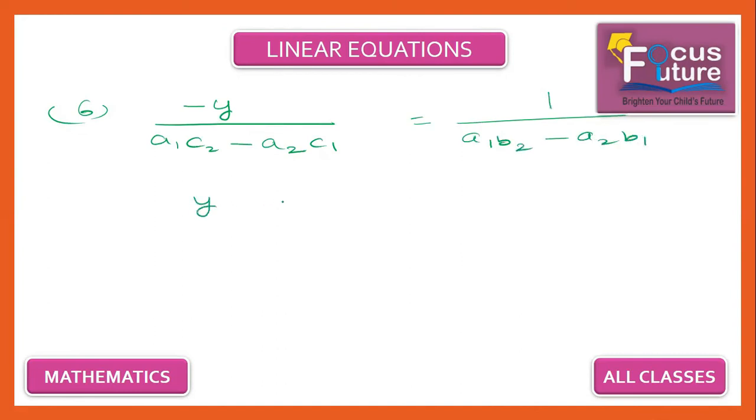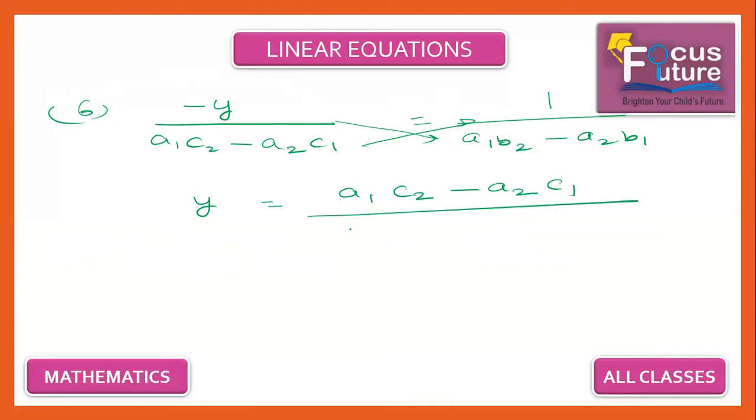So your y would be this cross multiplied. So your y would be a1 c2 minus a2 c1 divided by minus a1 b2 minus a2 b1. So you don't have to change this, change the numerator.